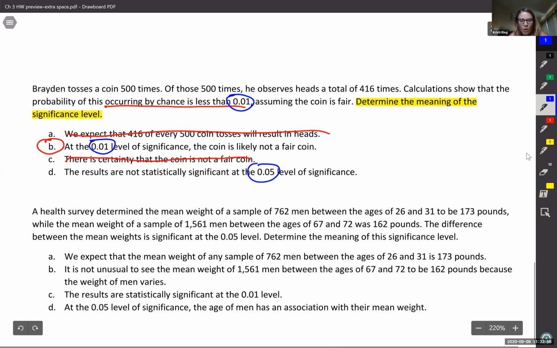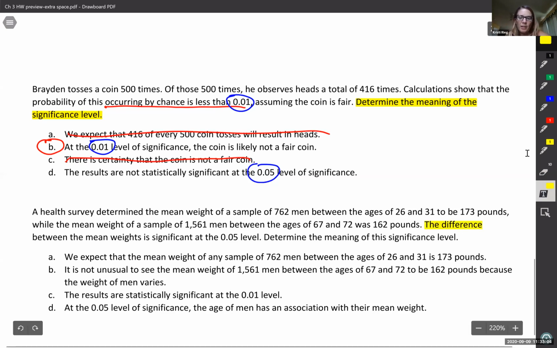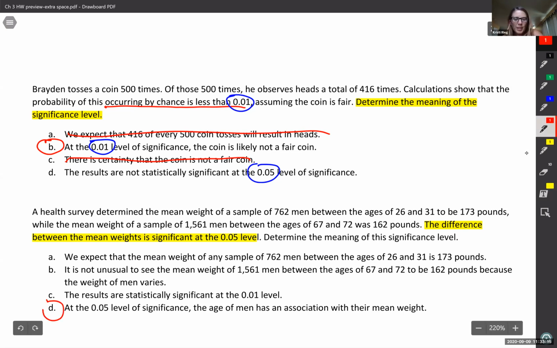But here we have a whole bunch of words and I kind of fast forward to the end where it says the difference is significant at the 0.05 level. So going by our pattern, we know it's the bottom one because that is the question that has the 0.05. The first two don't even, that's not what we're talking about.